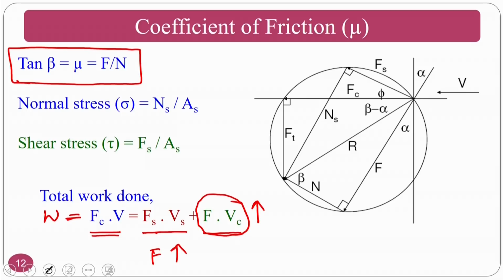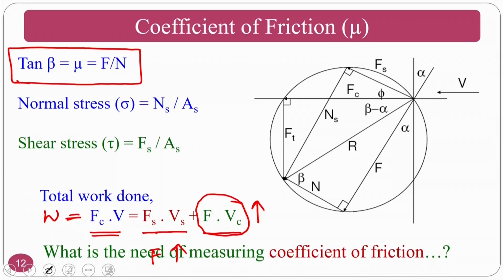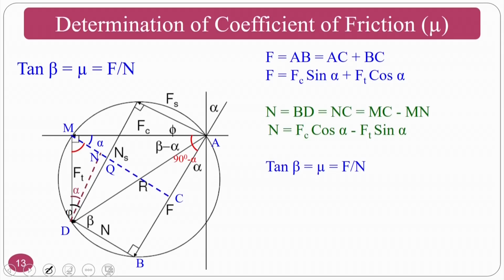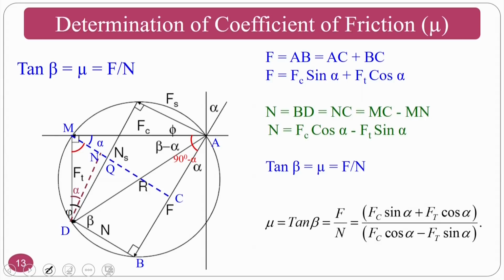So for that purpose, you should always be careful and you should study the tribological things. That's why we have to measure the coefficient of friction. Coefficient of friction you have already seen; I just want to give you a glimpse: F by N. In the previous class, how you calculate F is Fc sin alpha plus Ft cos alpha, and N is Fc cos alpha minus Ft sin alpha.